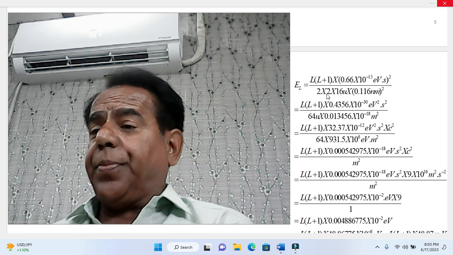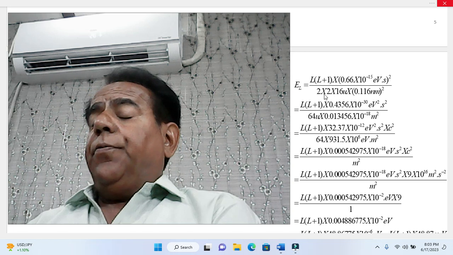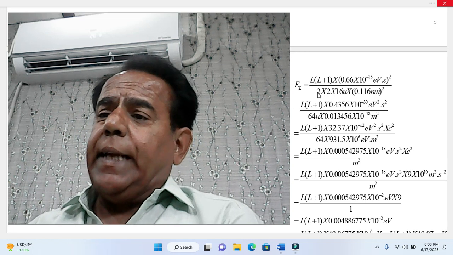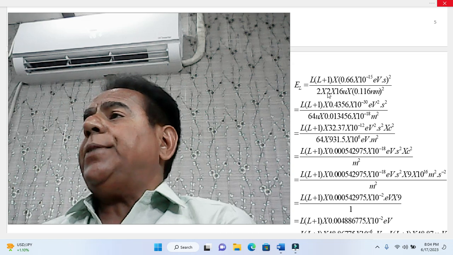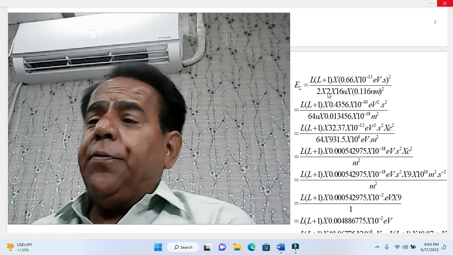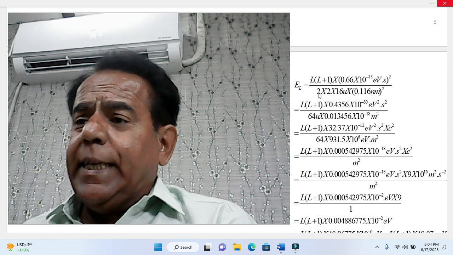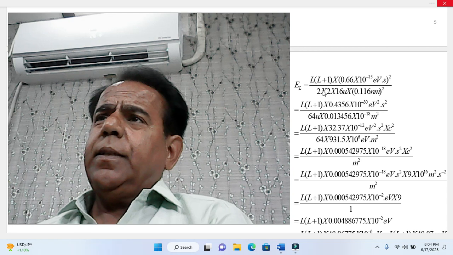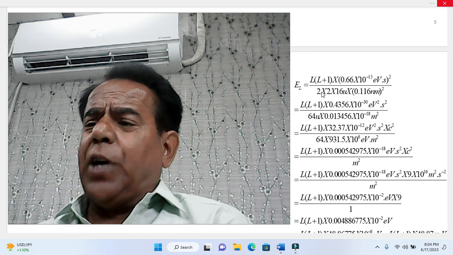Therefore, one 2 is of the formula or expression, and one 2 is of carbon dioxide. One 2 is for the two oxygen atoms, and one 2 is for appearing in the formula which we are following.